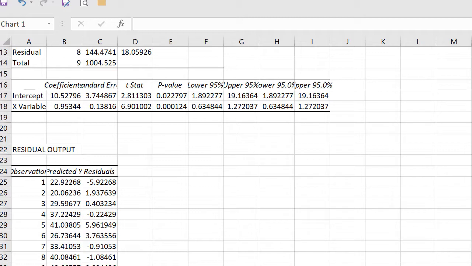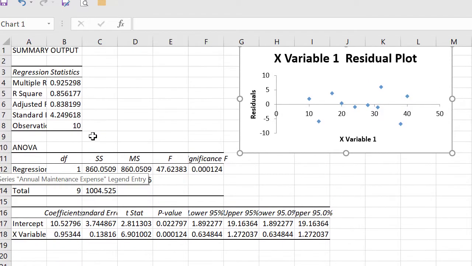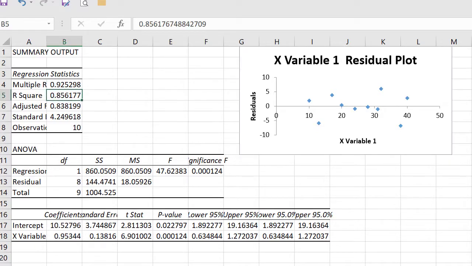Part D says, how much of the variation in the sample values of annual maintenance expense does the model you estimated in Part B explain? Well, all we have to do is look at R squared, and R squared is 85.61%. So that would be your Part D answer.